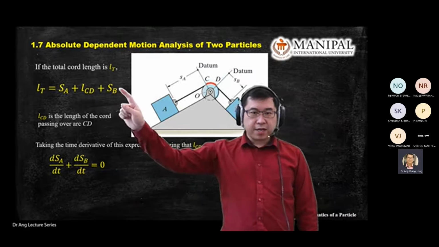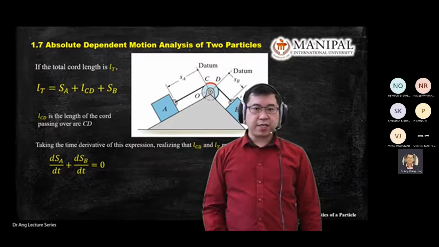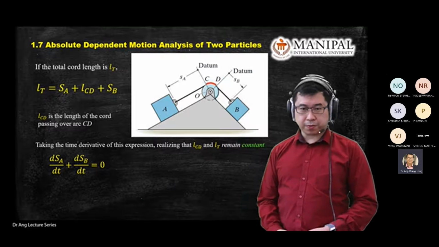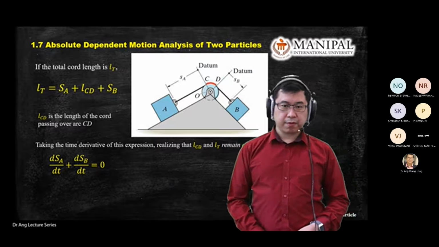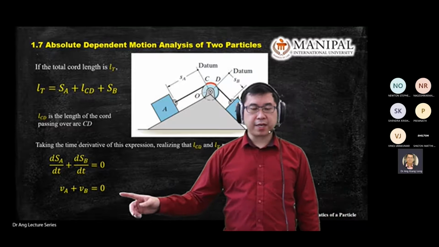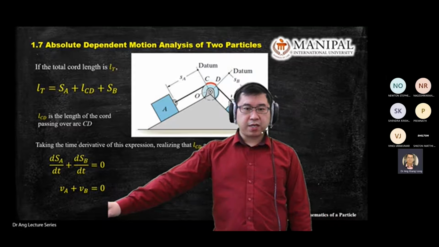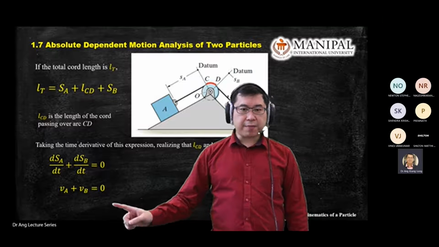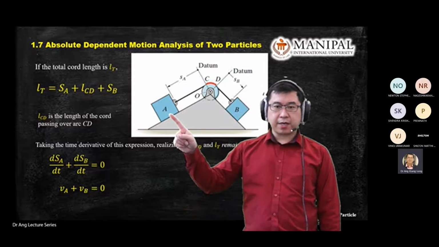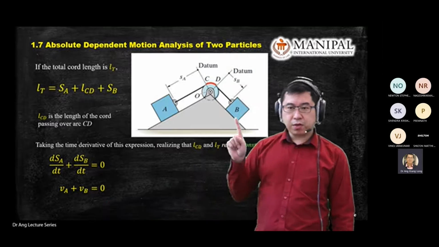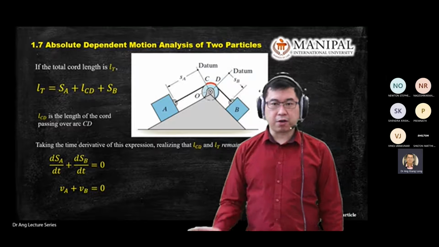That's why LT and LCD are not in this equation, because they have already become 0. And you turn into something related to this module, which is your V. I put V sub A to represent the velocity of object A, and V sub B to represent the velocity of object B.